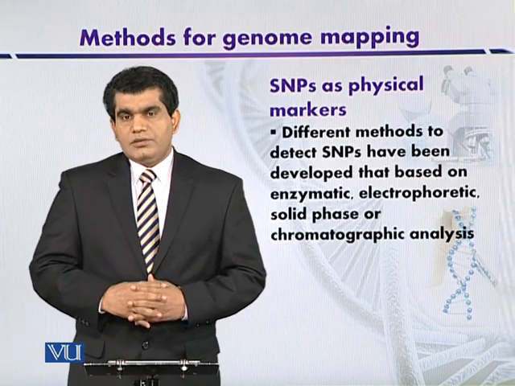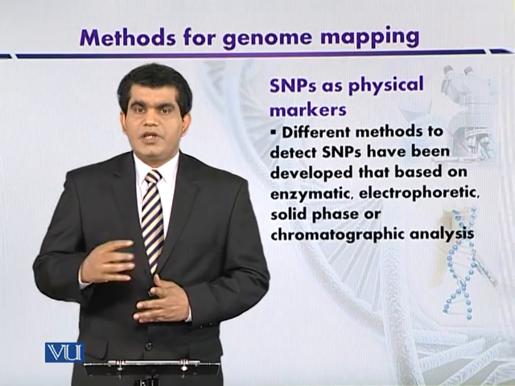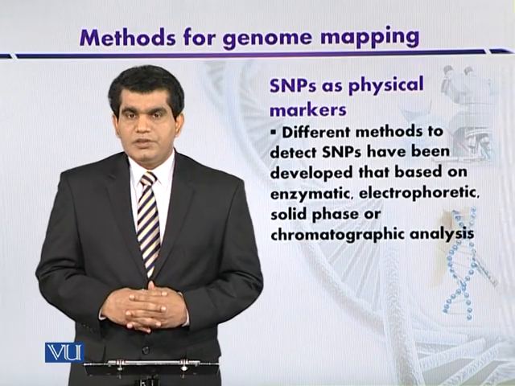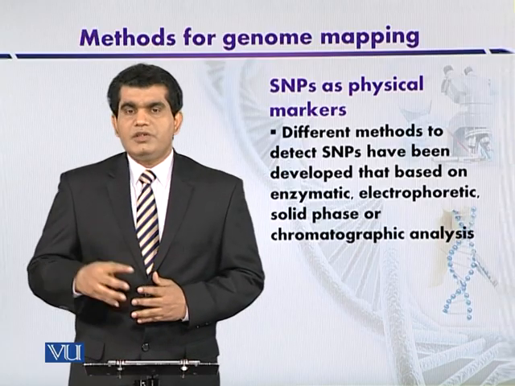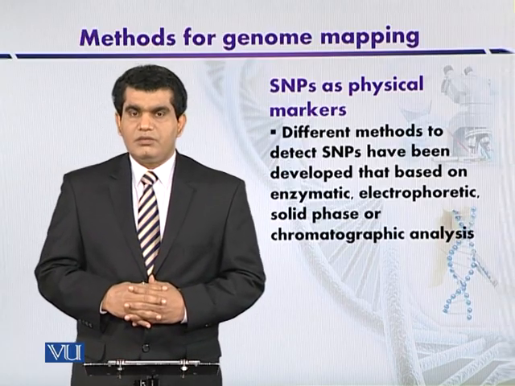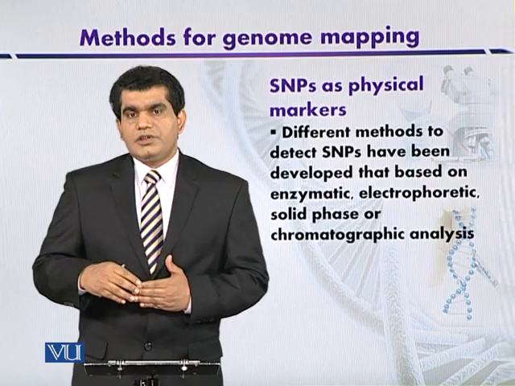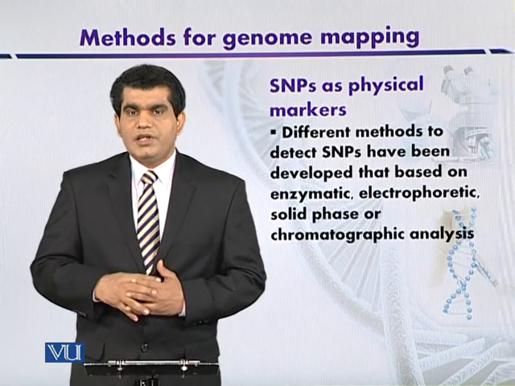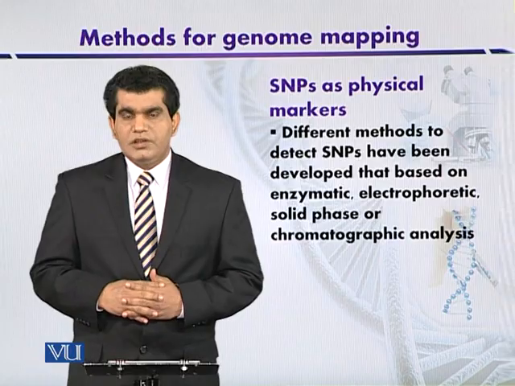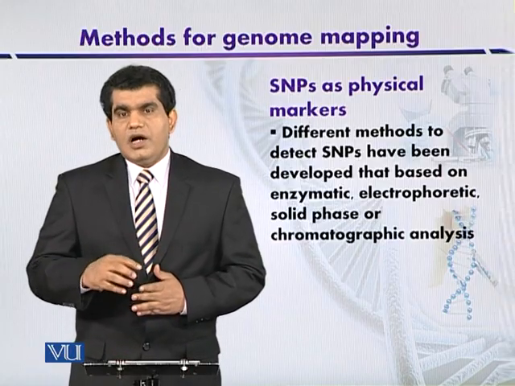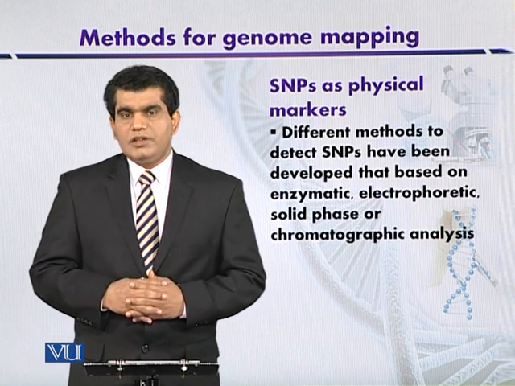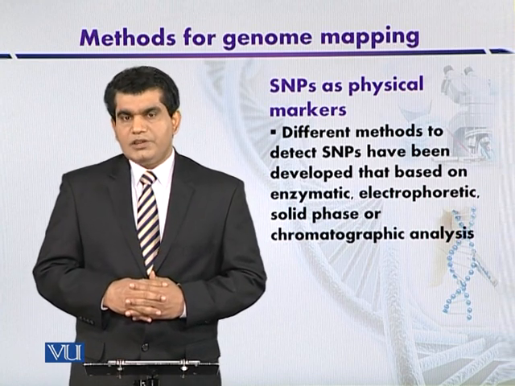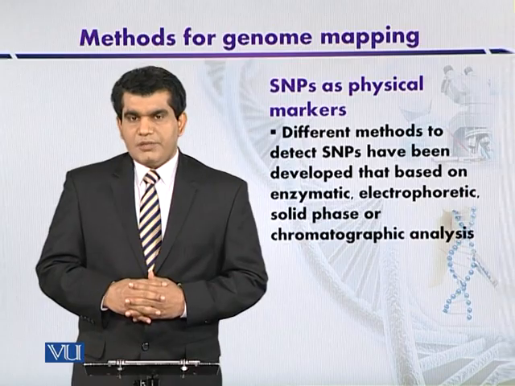Now different methods have been used to detect single nucleotide polymorphism that may be based on enzymatic reactions, where we can use different PCR reactions. We are going to discuss again and again some PCR techniques that we have already discussed, that may be related to RFLP, AFLP, RAPD, that is randomly amplified polymorphic DNA, and some other PCR methods.